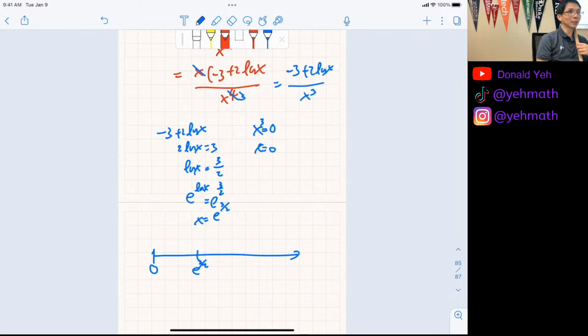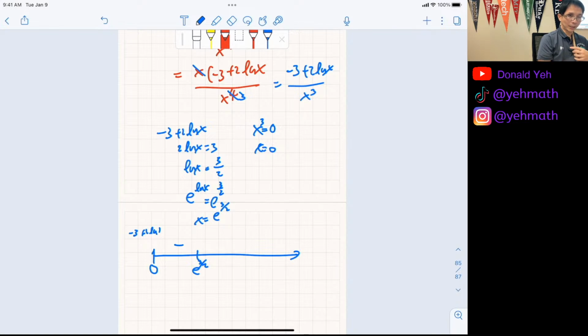Okay, what's a good number to plug in between 0 and e to the 3 over 2? You stick with 1? If you plug in 1, minus 3 plus 2 ln of 1, that's going to be negative, so it's concave down.